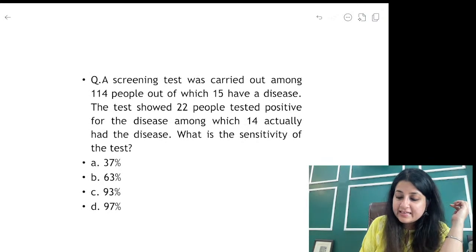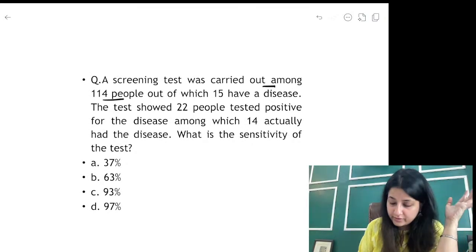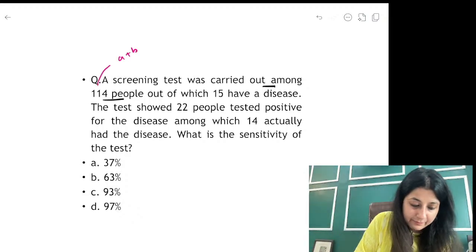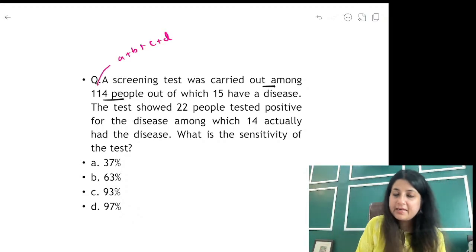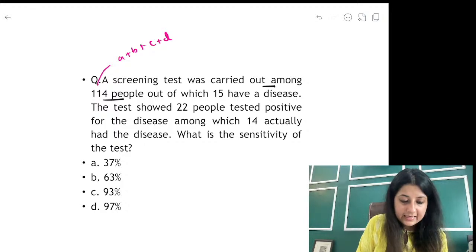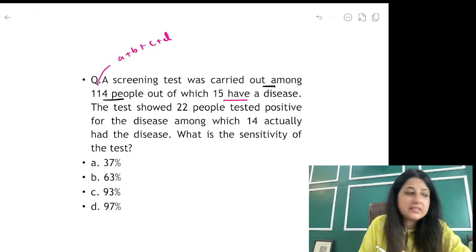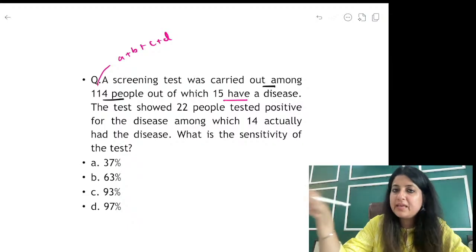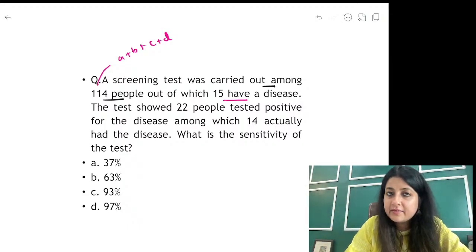Look, a screening test was carried out among 114 people. Again, visualize what 114 is: a plus b plus c plus d. Out of which 15 have the disease. What is 15? It is clearly saying the screening test is carried out in these people, out of which 15 have the disease.